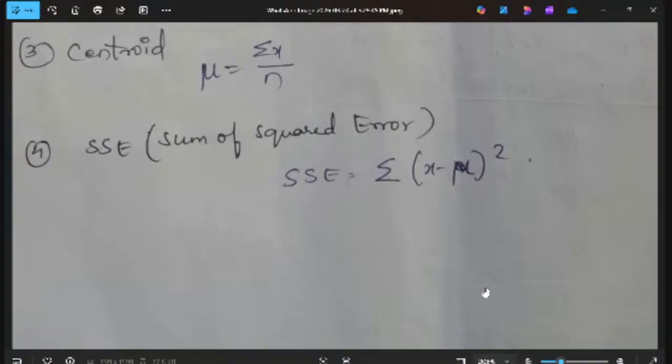We have to choose some initial centroids, any of the given data points depending upon the k value, the number of clusters. If he has given 2 clusters, you have to pick 2 initial centroids. Then you have to find the distance between that centroid and the data point. Then you have to club them into clusters, then again find the centroids. This is the k-means algorithm. Now we will solve that.